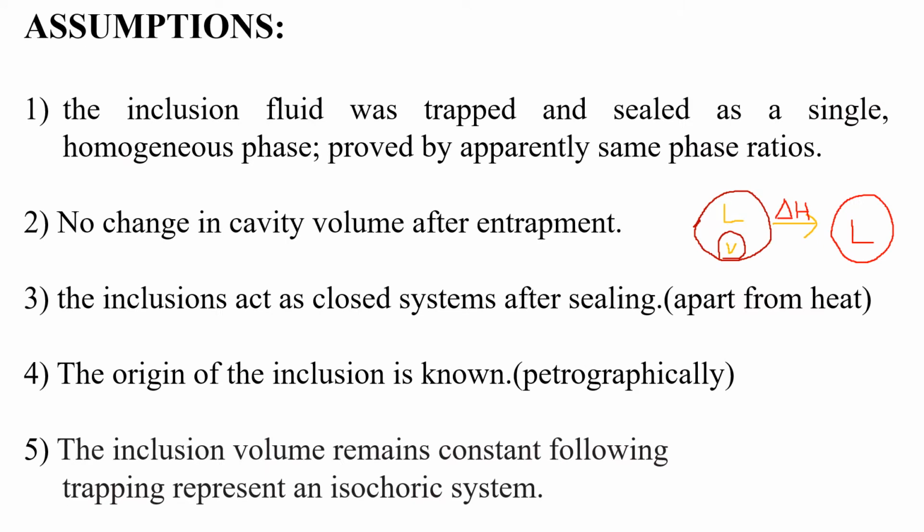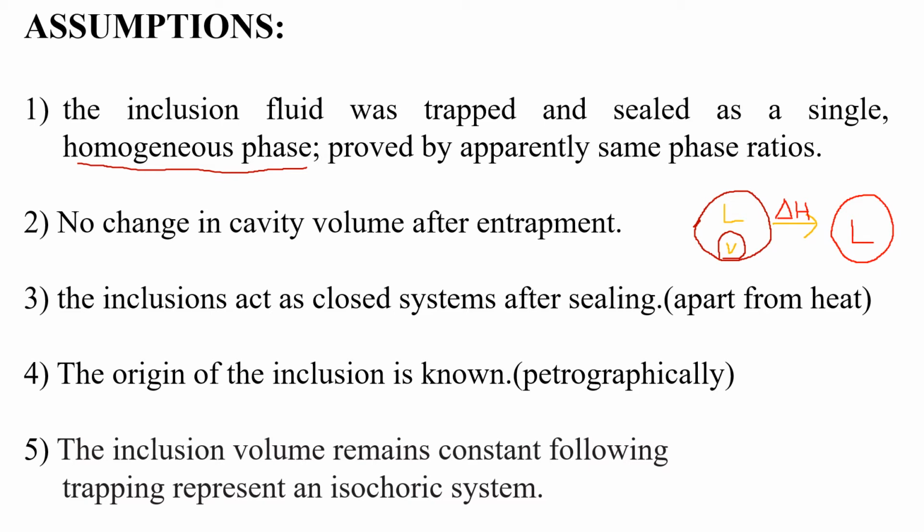Well, to study the basic principles of fluid inclusions, we have to take some assumptions that were proved before. So the first assumption is the inclusion fluid was trapped and sealed as a single homogeneous phase, that is proved by apparently the same phase ratios.